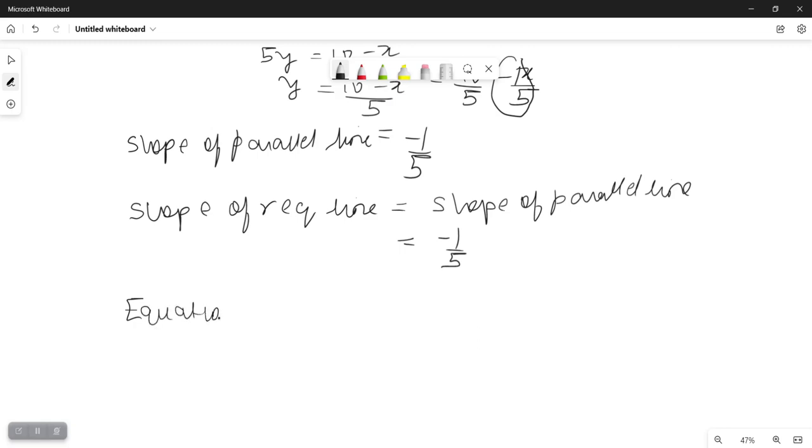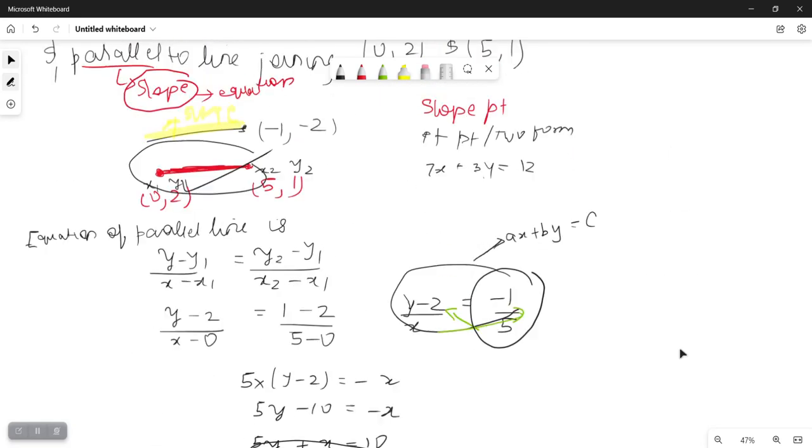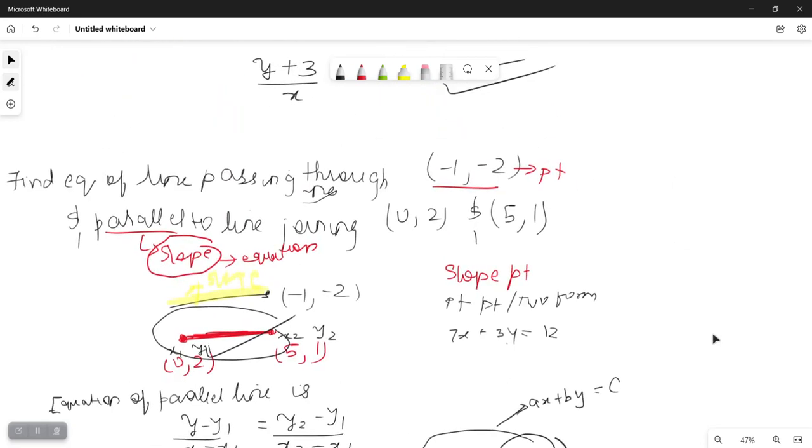The equation of the required line, using slope point form, is (y minus y1) upon (x minus x1) is equal to m. Now, if you observe properly in the question, the point it passes through was given as minus 1, minus 2.